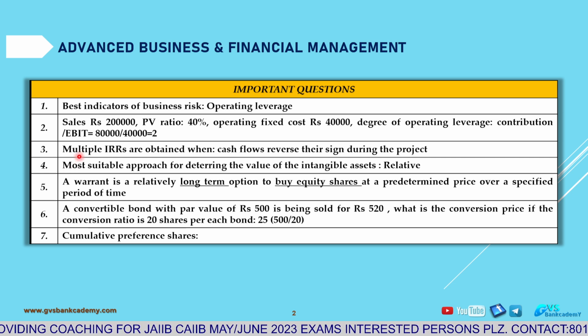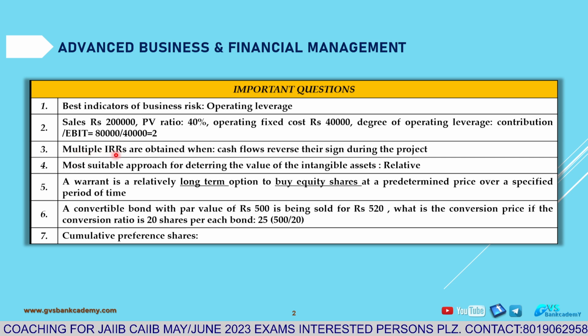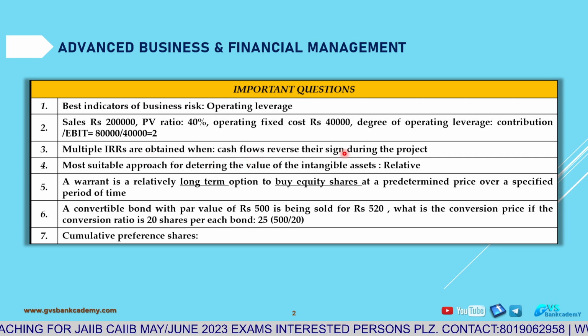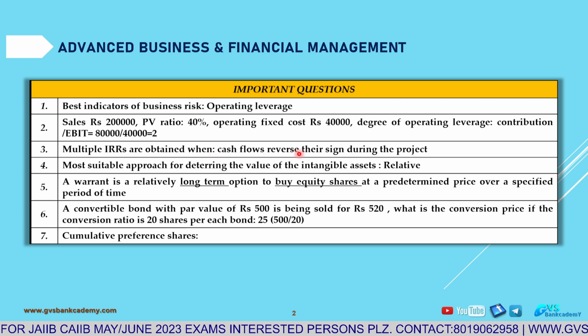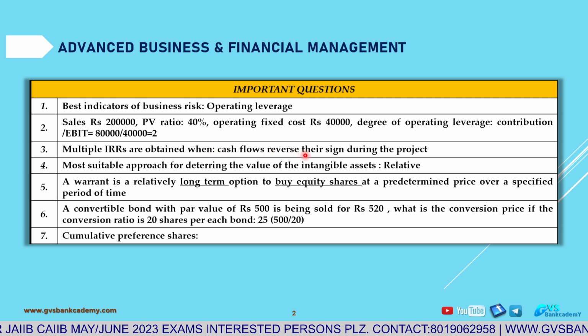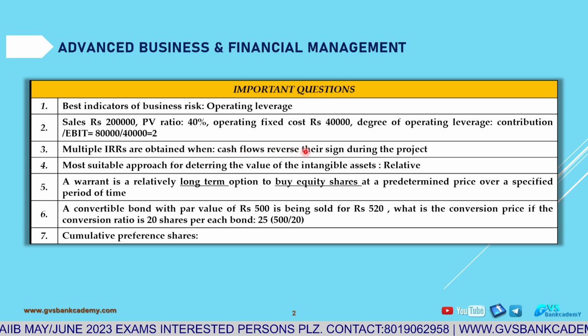At that time the management has to calculate multiple IRR for the project. Multiple IRR means the cash flows are uneven. That is called a reverse.